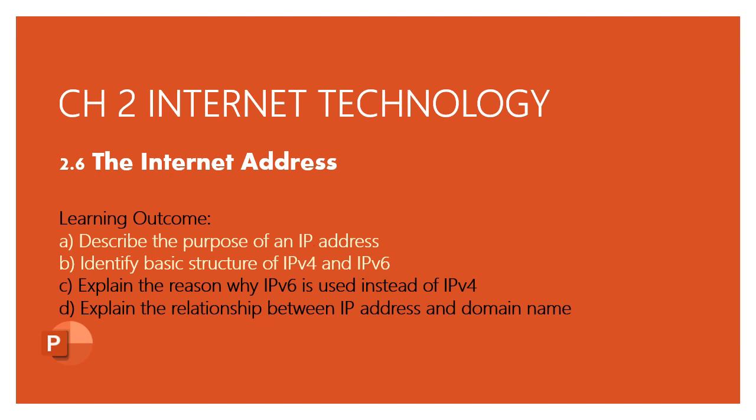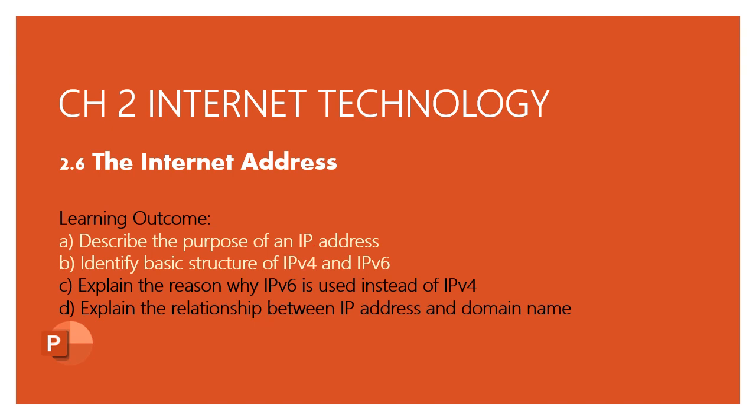In 2.4 subtopic, we talked about the definition of the internet. We also talked about the advantages and disadvantages of the internet and the technologies of internet such as the intranet and the extranet. What are the differences between both intranet and extranet?